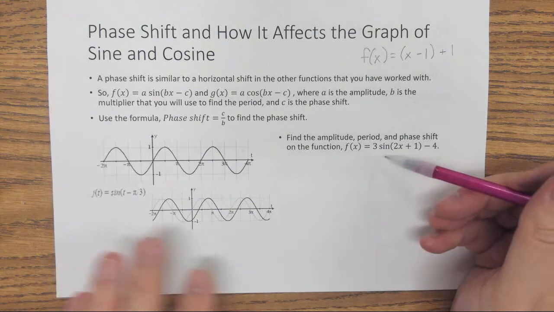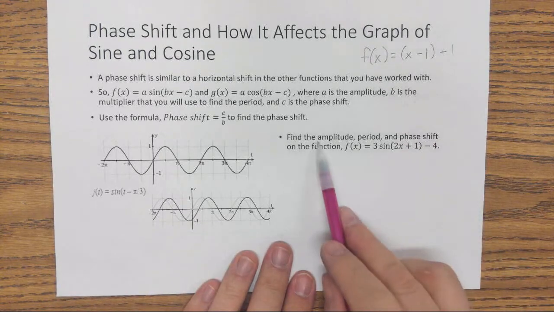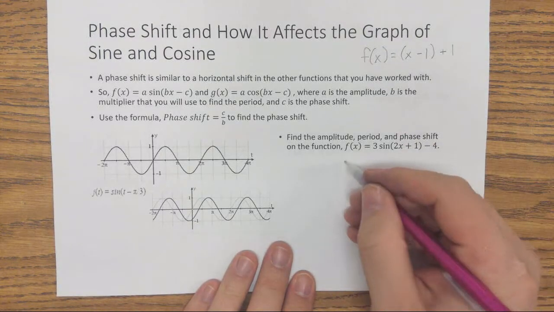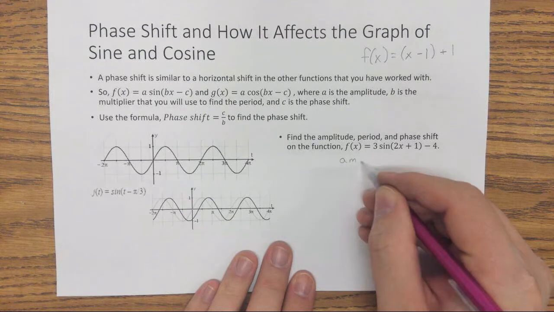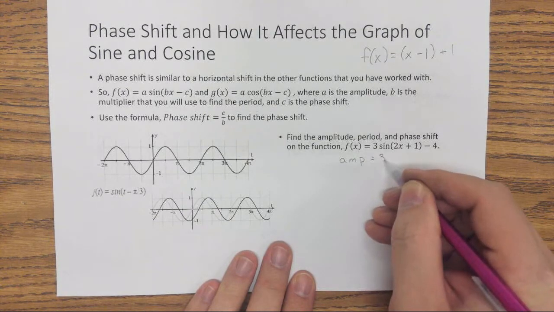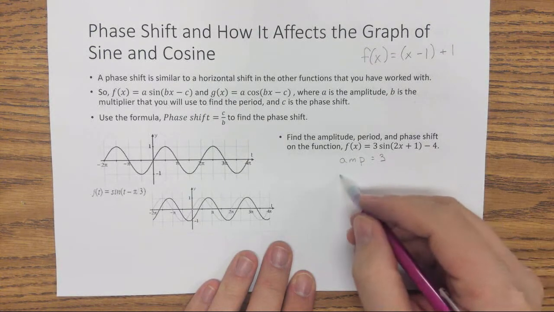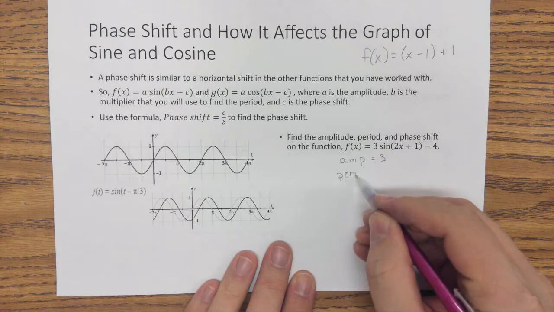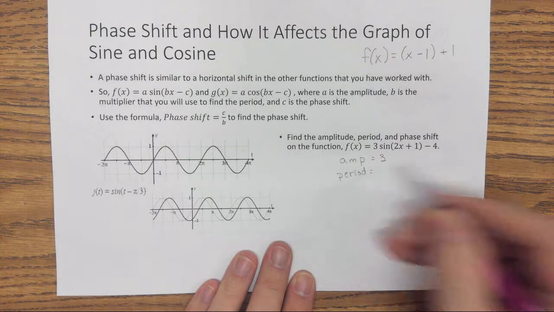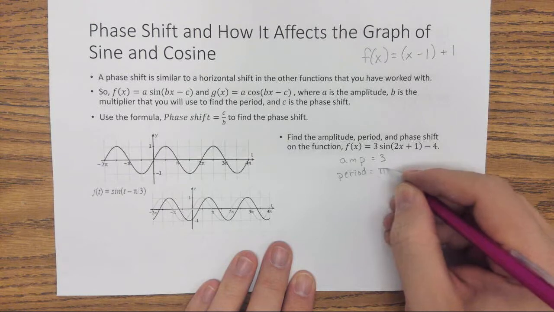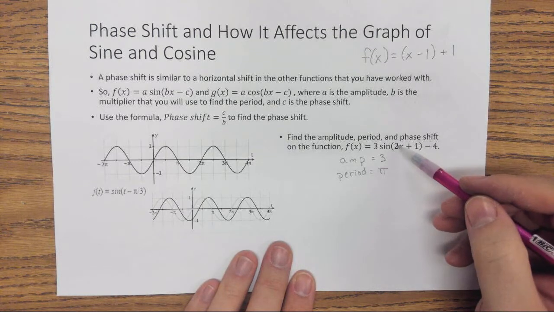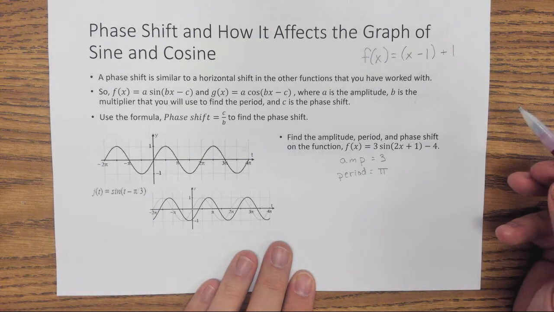Alright, so let's look at this. Again, it says what's our amplitude. We already know that. We did that previously. Amplitude is 3. The period, I know, because we just did that, is pi. Remember, we took 2 pi and divided by 2 and got pi.